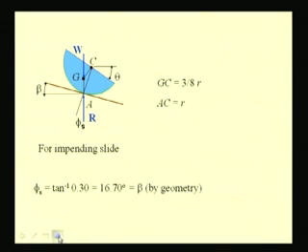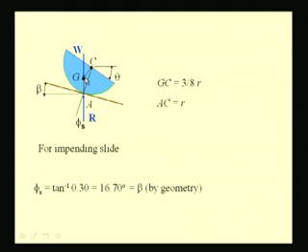So, since we know the coefficient of friction as 0.30, we can determine the value of phi s, and that is equal to this angle beta from geometry. Now, we have to find for this geometry what is this angle theta.